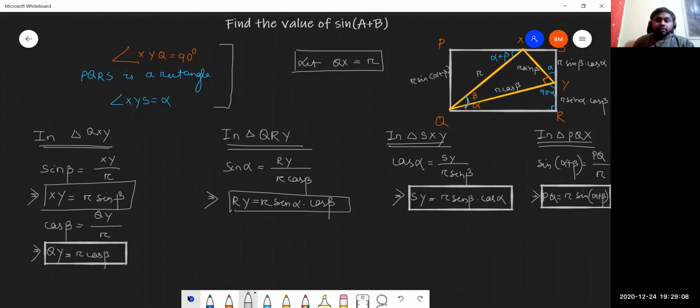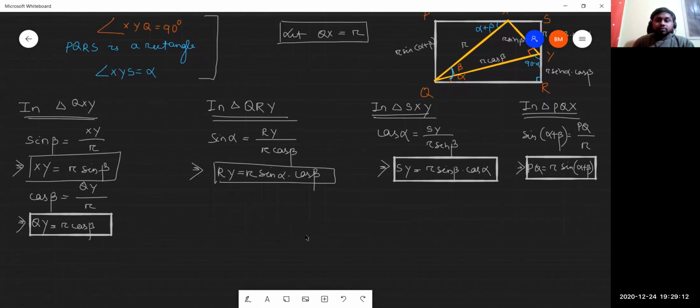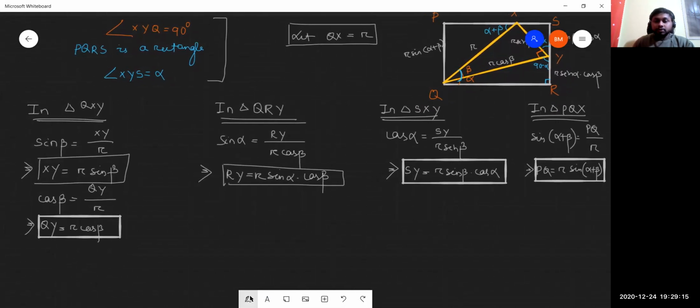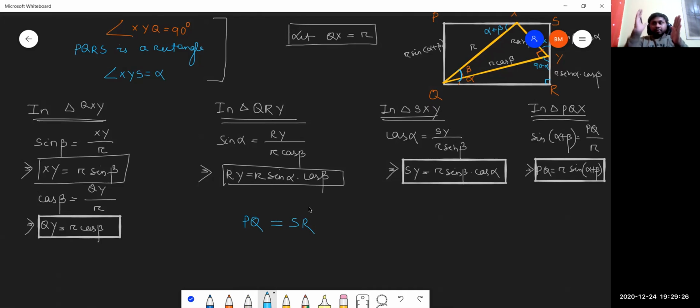Now I will consider the basic property of a rectangle. In a rectangle, we know the opposite side lengths are equal. So in this rectangle, the length of PQ is equal to the length of SR. As we know, in a rectangle, the opposite sides are of equal measurement.